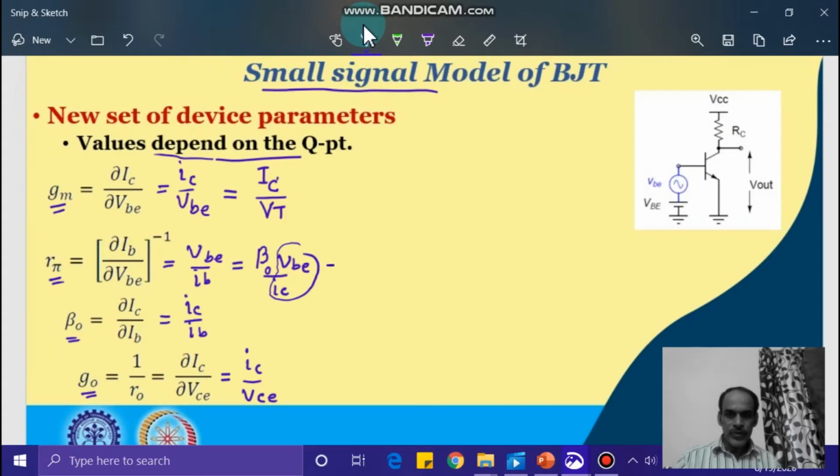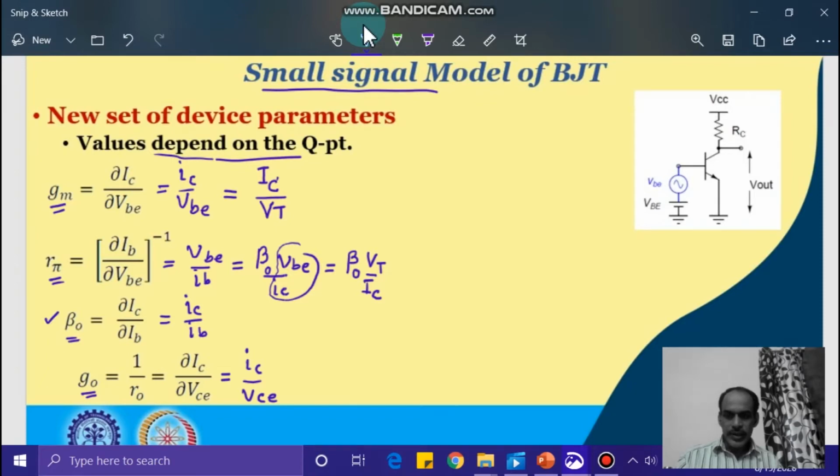So the expression of r_pi equals beta naught into V_T divided by I_C, where beta naught is the small signal current gain.